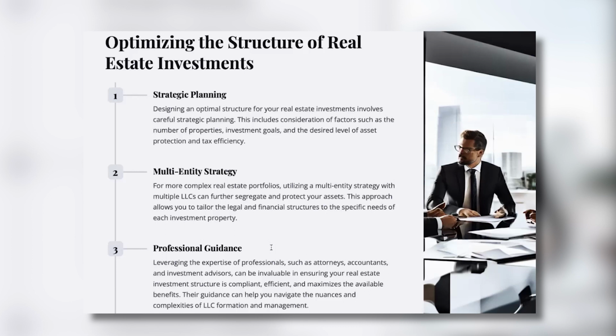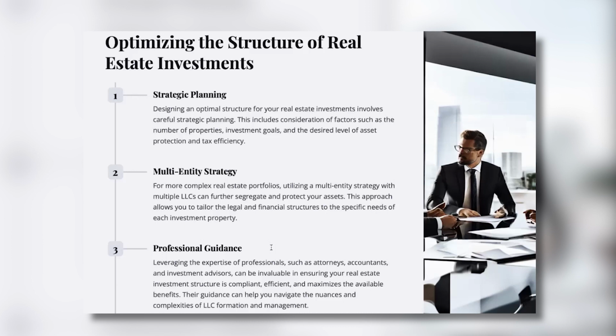But from a cost saving standpoint, maybe you could group them together, 2, maybe 3 properties into one LLC just for cost savings. But again, just understand if you have 3 rental houses in one LLC and you have a litigation event with one of those properties, you have now exposed all 3 of those properties to that liability.